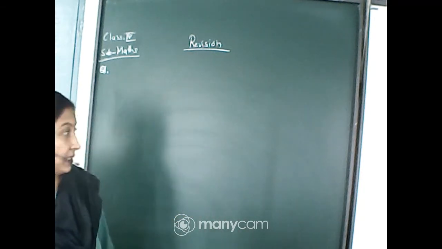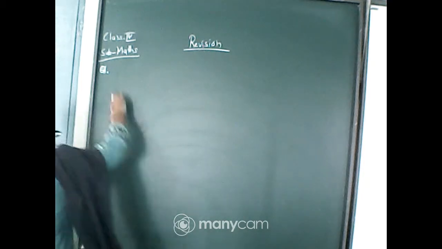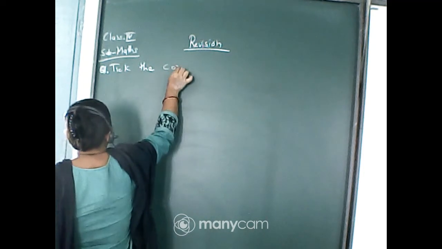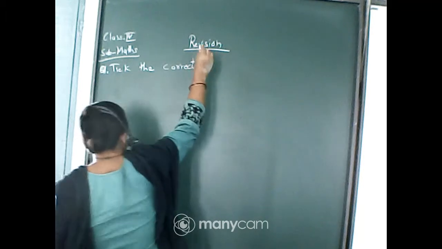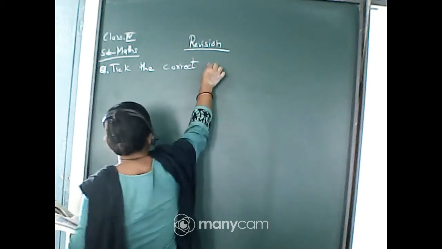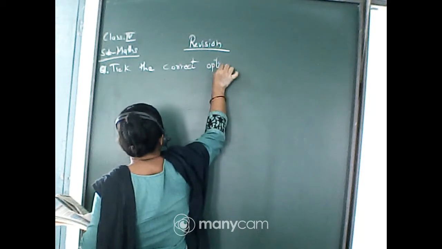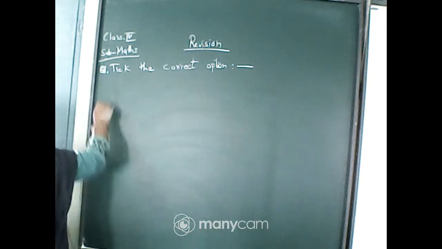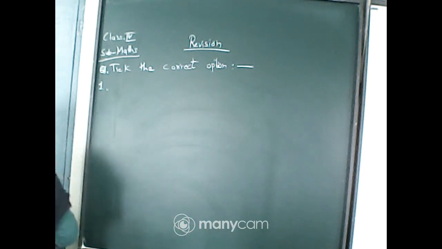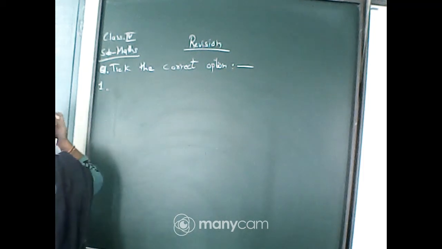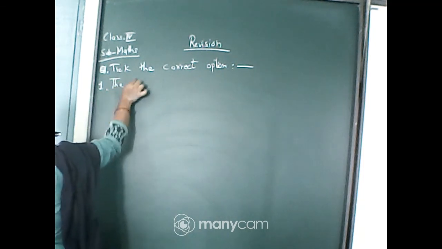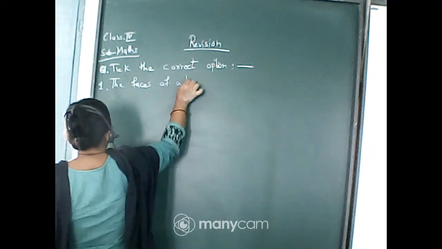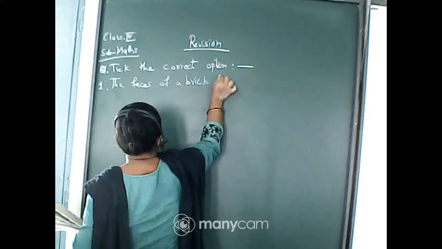The first question is, tick the correct option. The faces of a brick is dash.